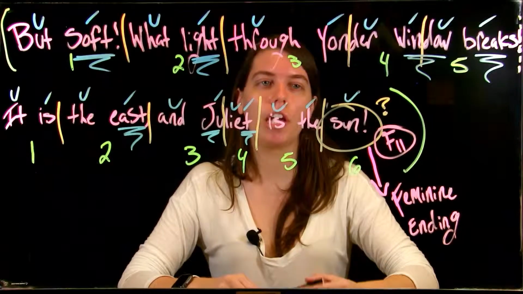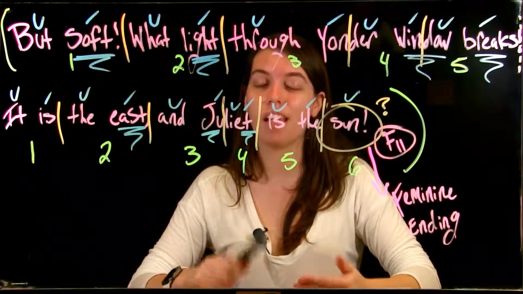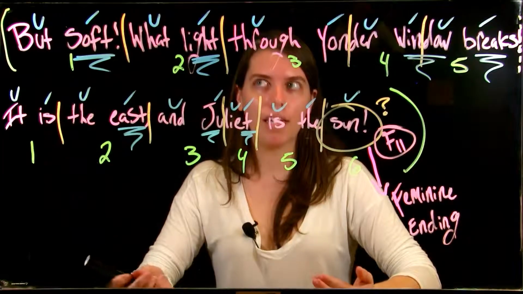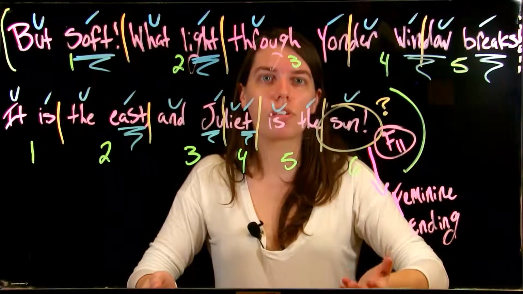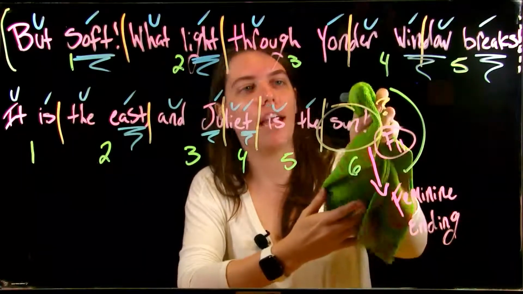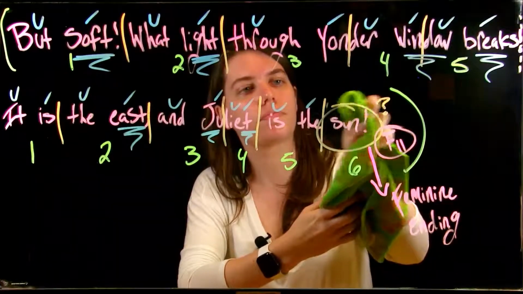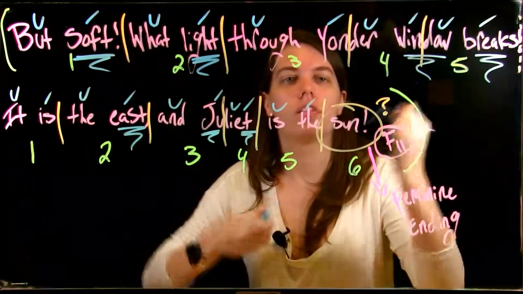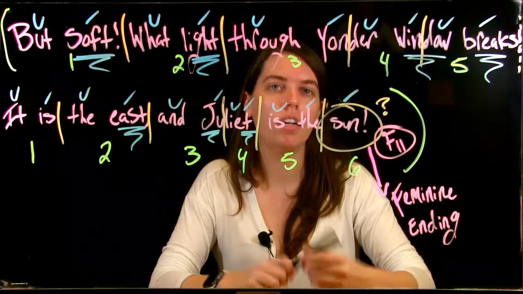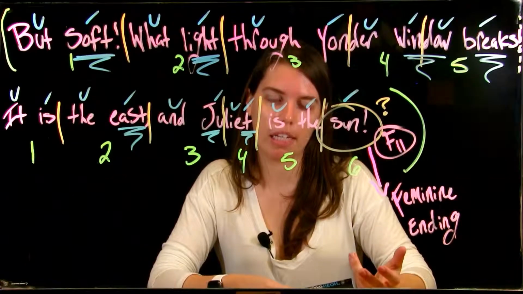In this situation though, if we don't stress sun, if it is not one of our important words, you lose what's happening. What is Juliet? She is the source of the light, which is the sun, which means this actually would be a stressed syllable. So we would mark it like a stressed syllable because it's important. And again, we stress the important things.